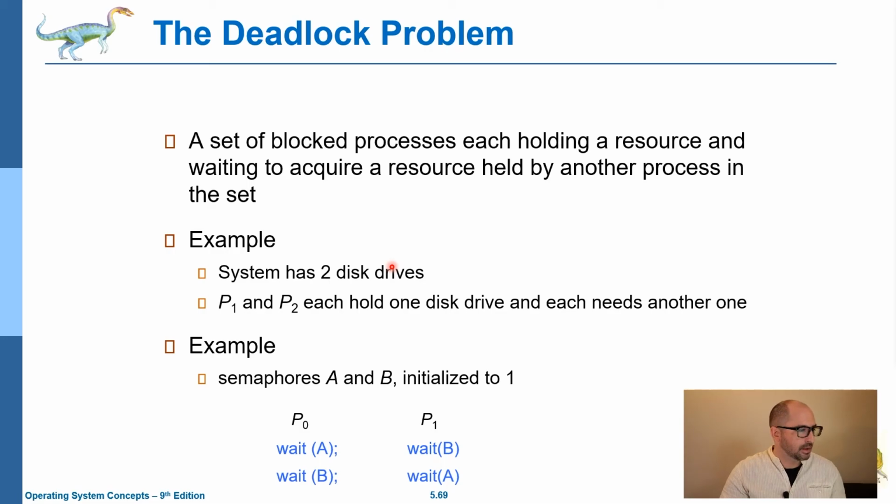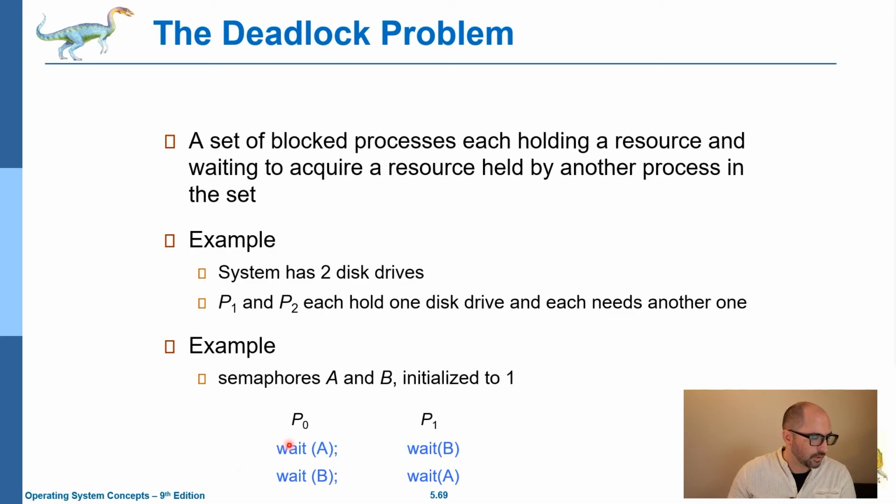So back to deadlock, which we discussed a little bit earlier. To achieve deadlock, there must be a set of processes, each holding resources, and at least one process is holding a resource that another one of the blocked processes needs to proceed. So if we have two hard drives and process 1 and process 2 each hold one of the drives, and one of them needs the other, then we cannot move forward.